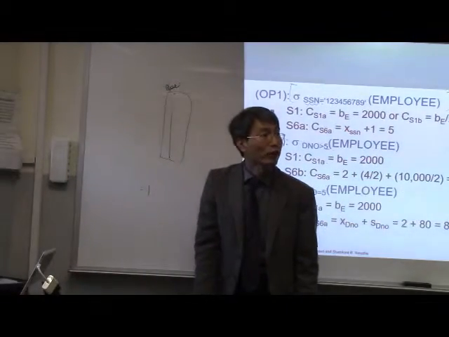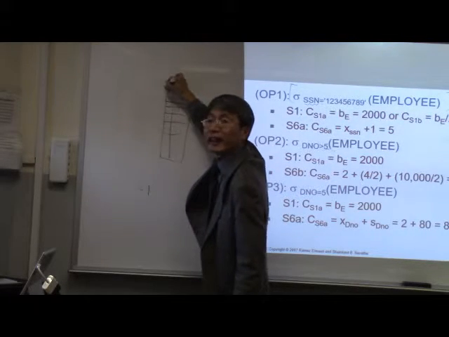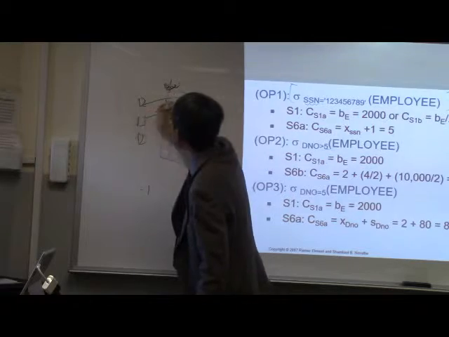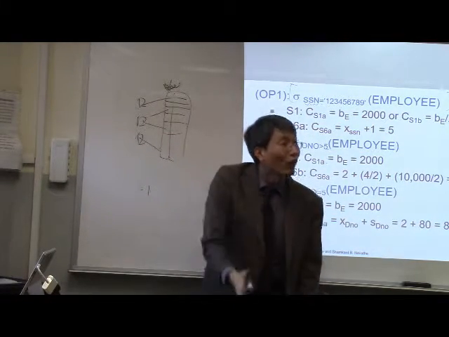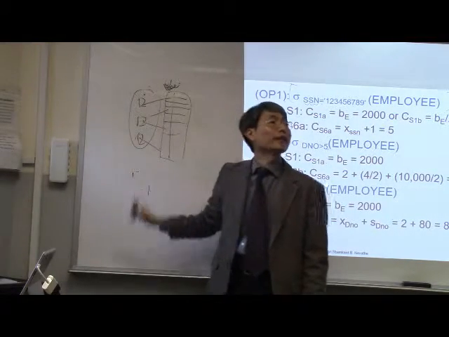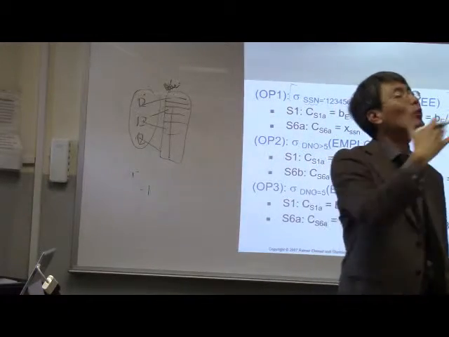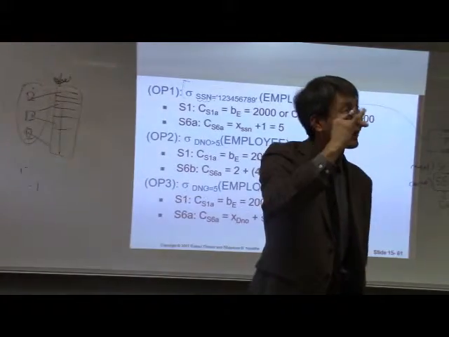Name is not the primary key, but you can make the data file an ordered file by name. Then you can make the index using the ordered column. At that time, this is called the primary index. So the primary index works only when your data file is ordered on that column.